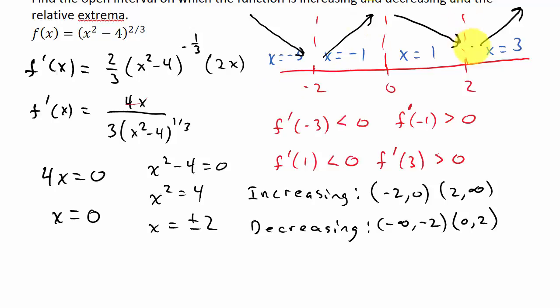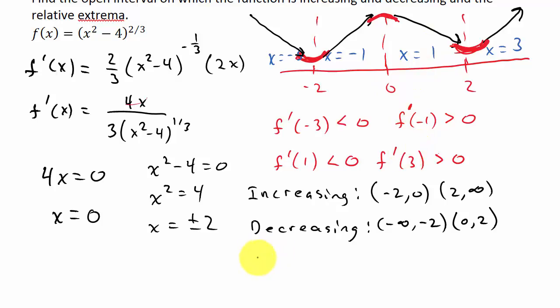And also over here it's decreasing, and then at 2 it starts increasing. So here we have a relative min, and at 2 we have a relative min, and then at 0 you can see we have a relative maximum, because it's increasing and then it decreases. It increases until it gets to x equals 0, and then it starts decreasing at x equals 0.